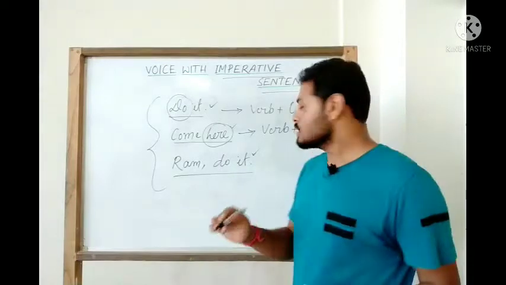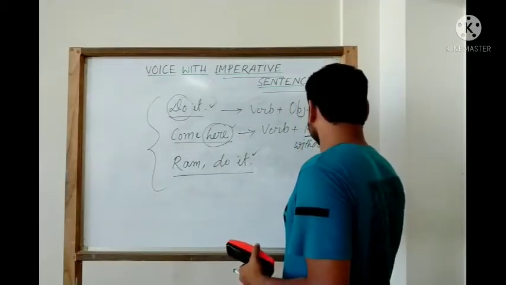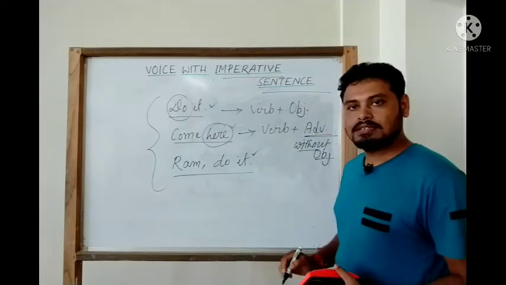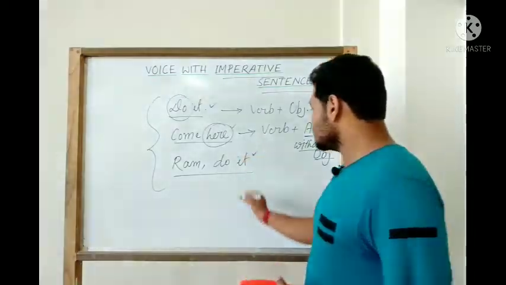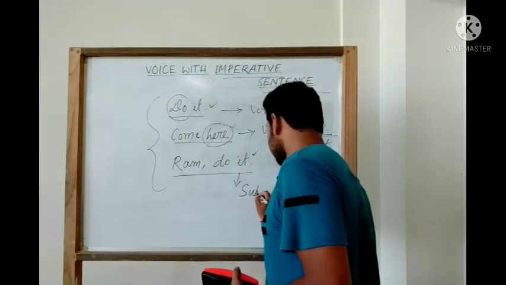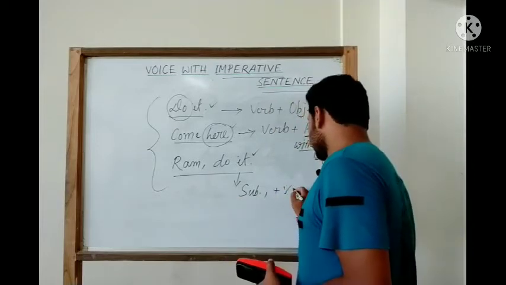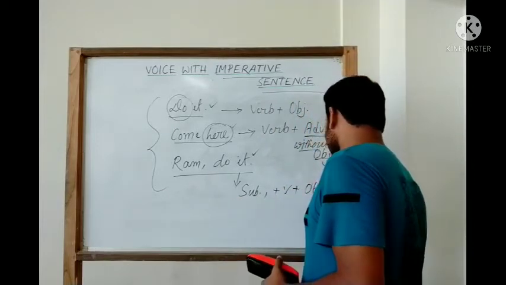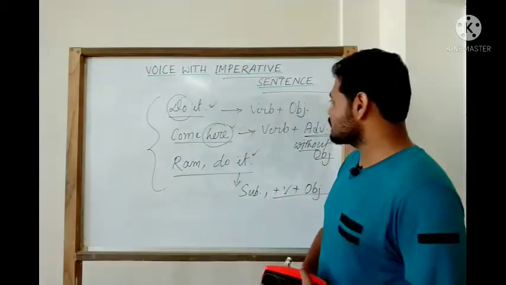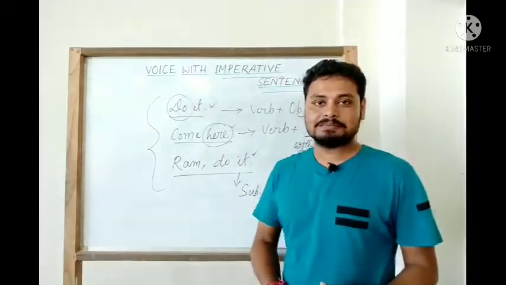Then that means this is without object. If I try to rephrase this sentence like this, without object. And the third one, if we look at it, this is subject, then we have a comma, then verb, then object. So altogether we have three different types of imperative sentences.